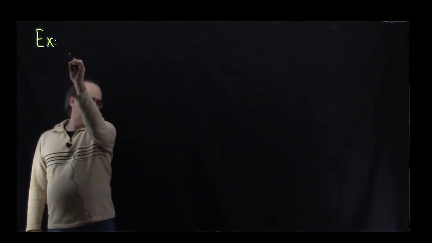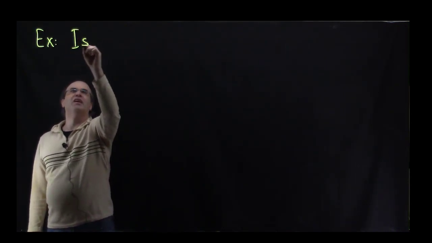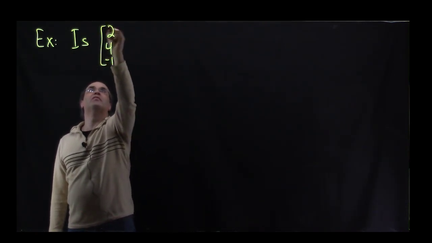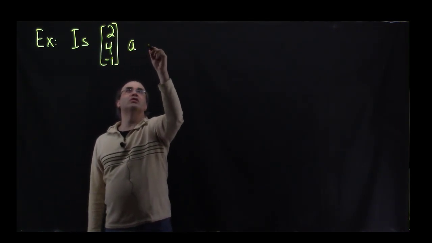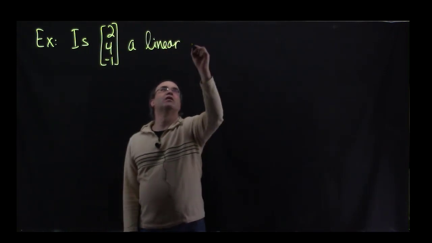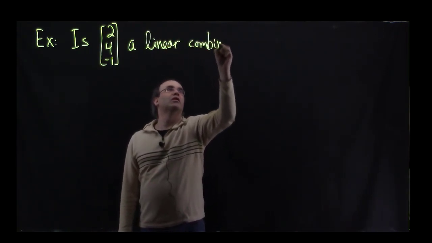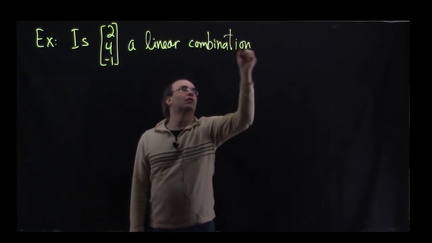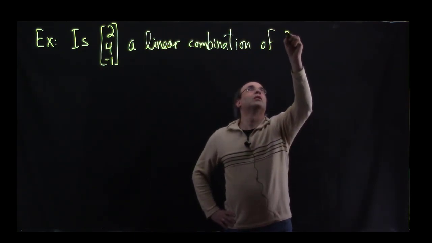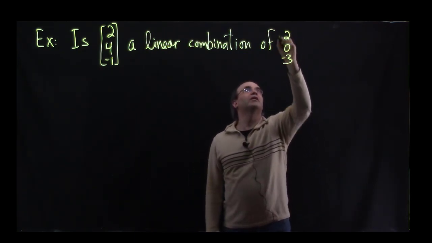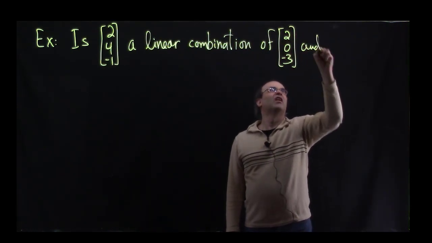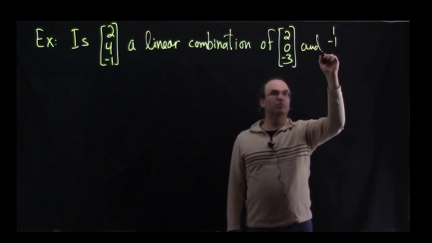Is the vector (2, 4, -1) a linear combination of the two vectors (2, 0, -3) and (1, -1, -2)?